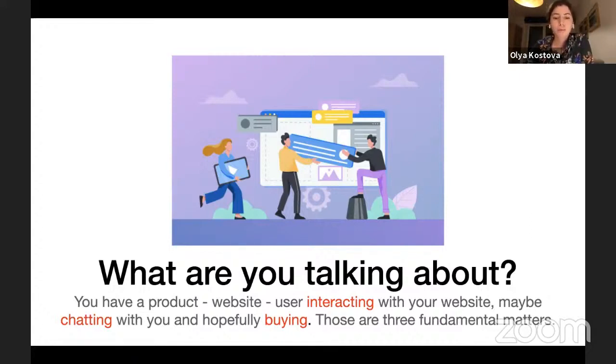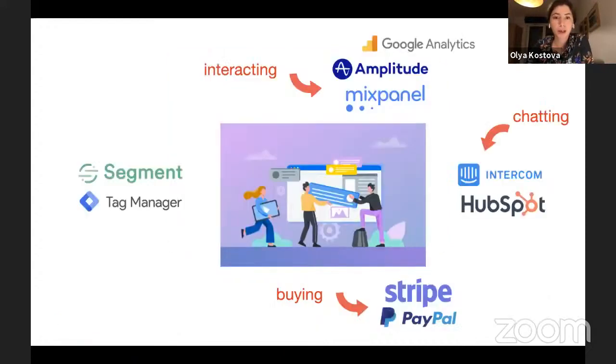And those 3 fundamentals, interacting, chatting, and buying, are things that you want to measure and understand better, so that in these 3 key points you can improve the experience for your users.